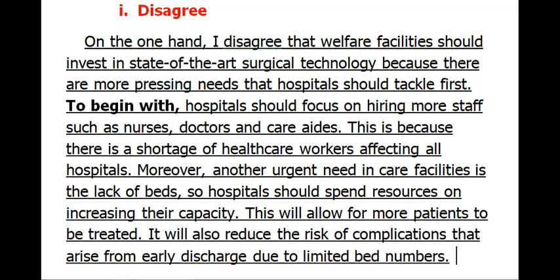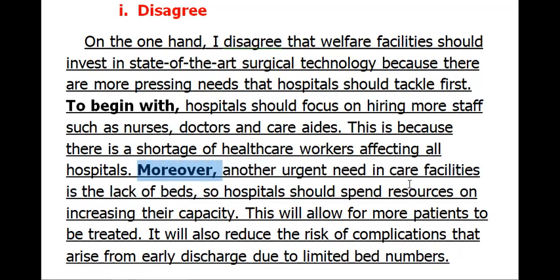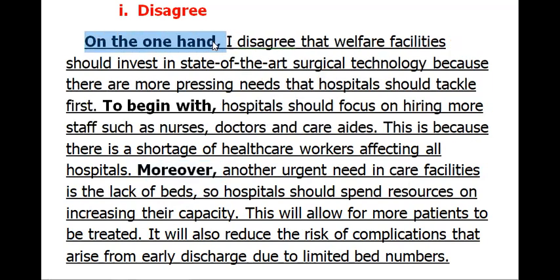Okay, so then we have developing sentence 1 and developing sentence 2. And again, we have a transition word when we moved on to the main point. And a transition word at the beginning of our paragraph.